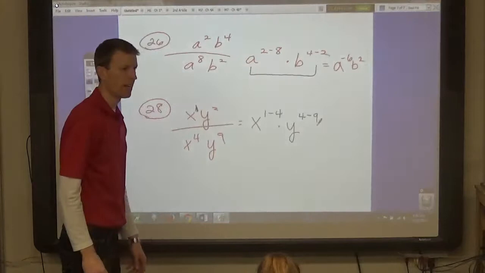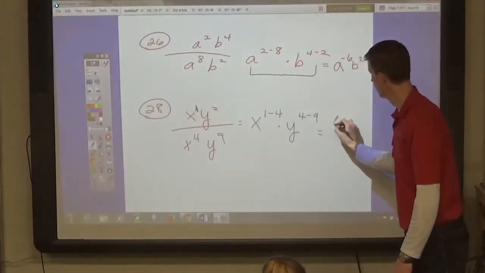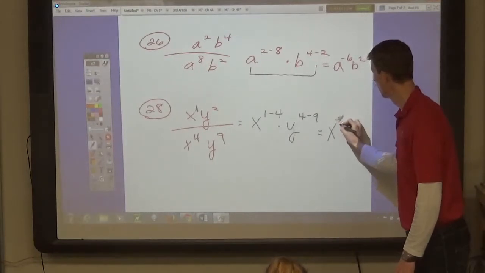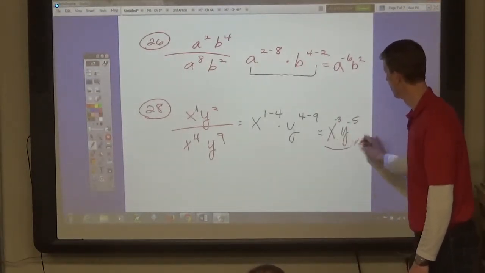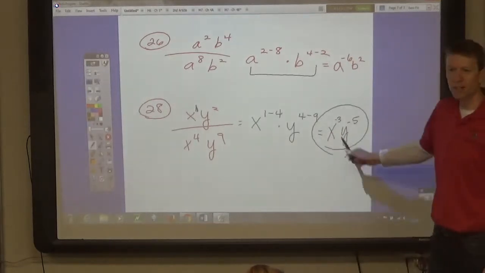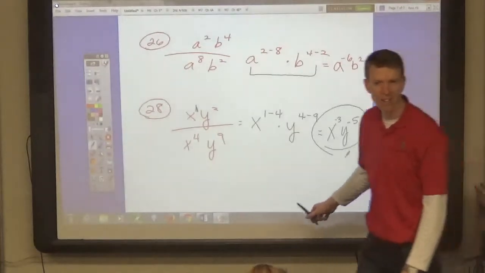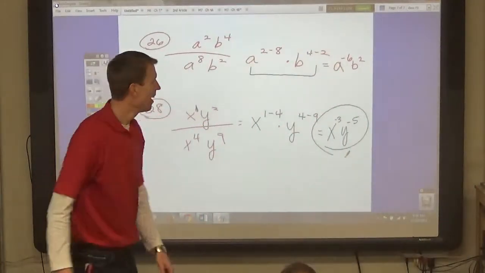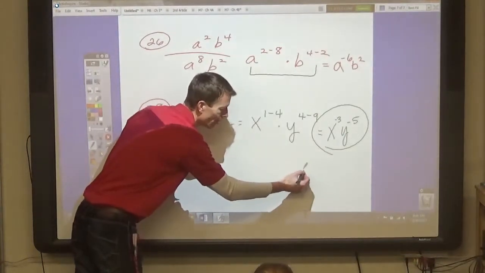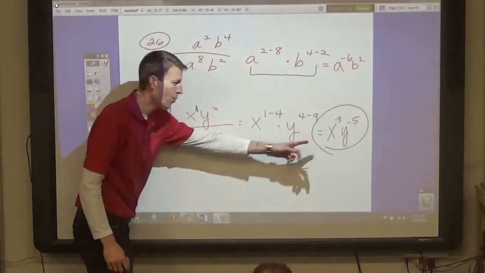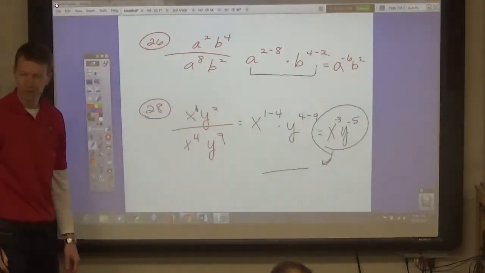And then you simplified that to x to the negative third power times y to the negative fifth power. Very good. How would you write that with the fraction bar now? Does everybody get that? A line above it. Yeah, you would put the line above it, but you've got to rewrite it so that you'd actually put this into the, where?